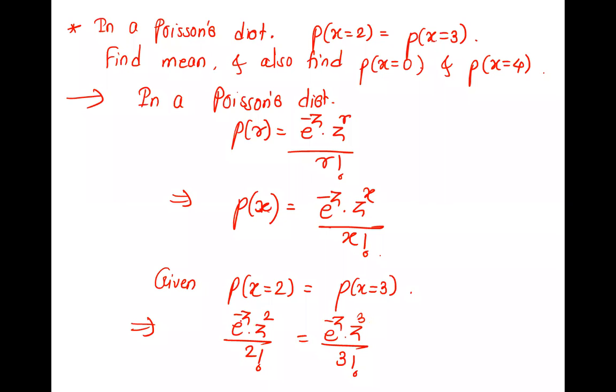As they are equal, e raised to minus Z gets cancelled on both sides. Shifting terms, Z square and Z square get cancelled, and 3 factorial comes up upon 2 factorial. Here only Z remains.